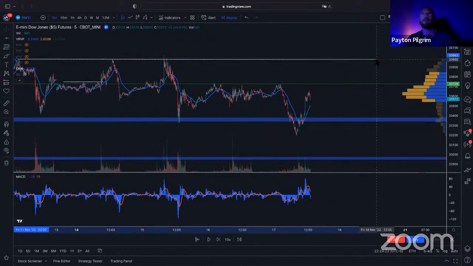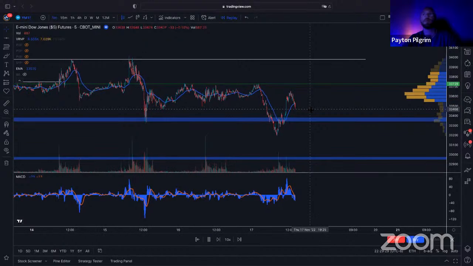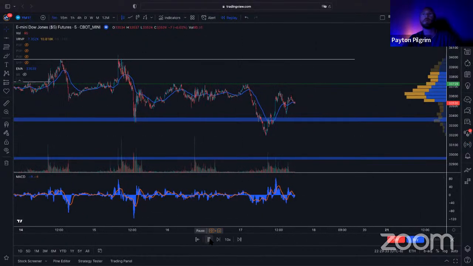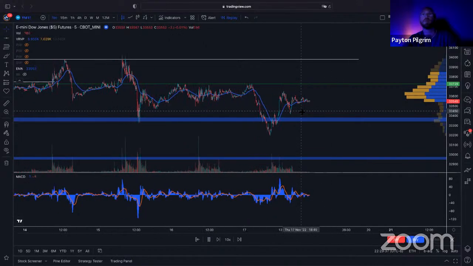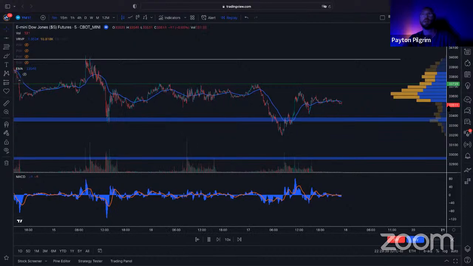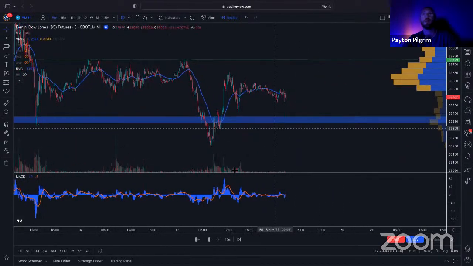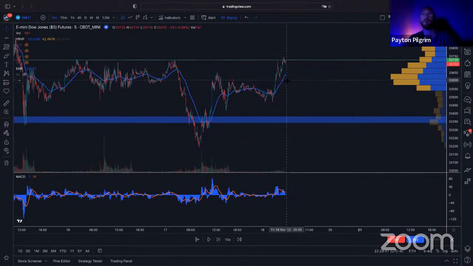It's that easy. It does look like it wants to continue up. Little coil action right here. Probably see a pop, fake one direction, go the other direction. There's that move.